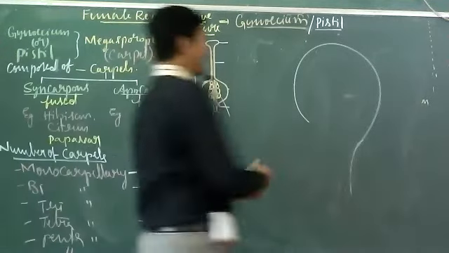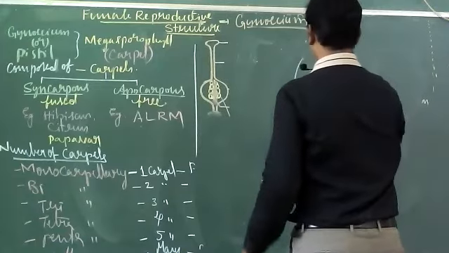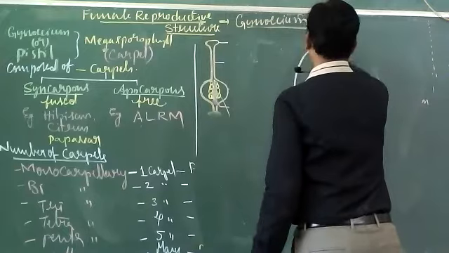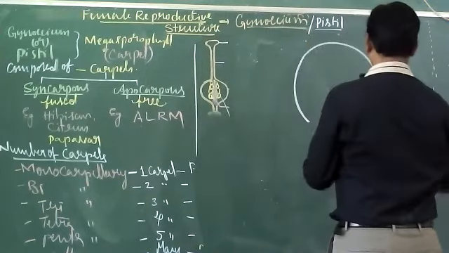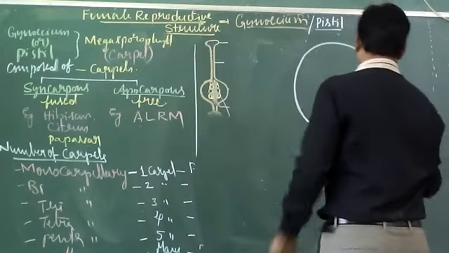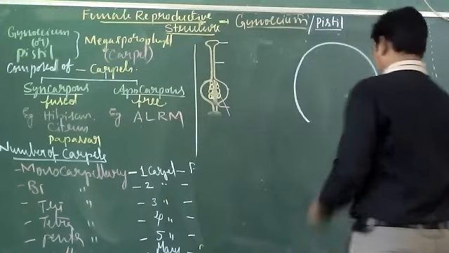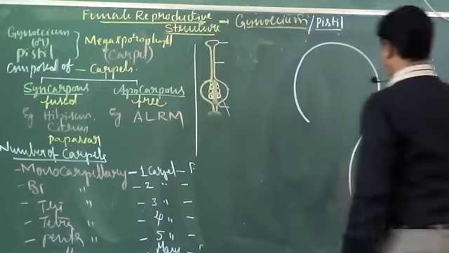What is this now? This is anatropous ovule. What is the meaning of anatropous? The ovule body is bent. So let us see anatropous ovule.